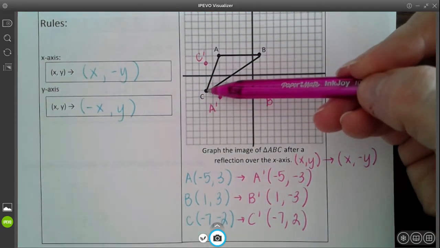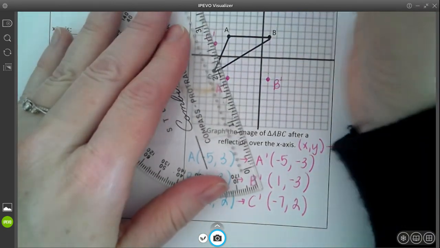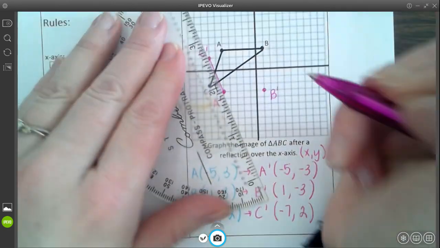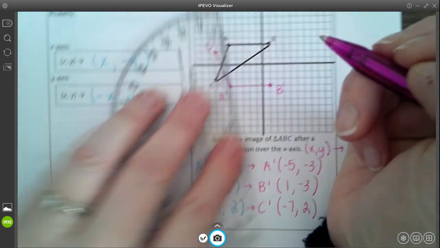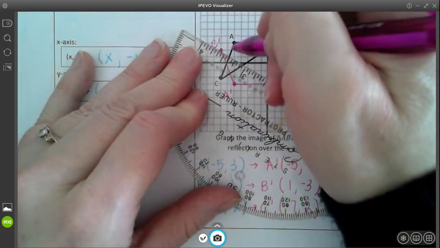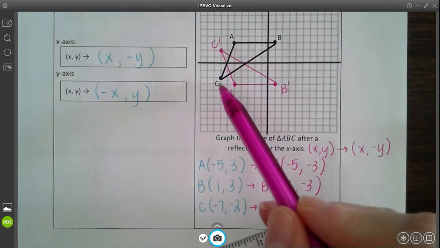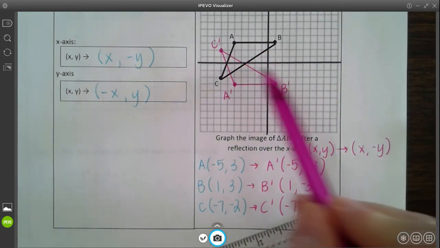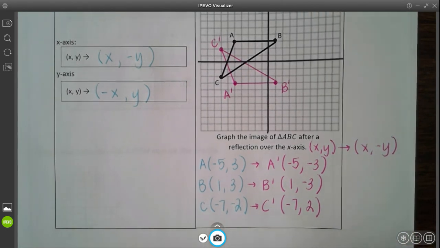And C is 2 units below the x-axis, so C prime is going to be 2 units above the x-axis. Okay, so here we have the image reflected across the x-axis. It's kind of like the x-axis is a mirror, okay? It's a mirror image.